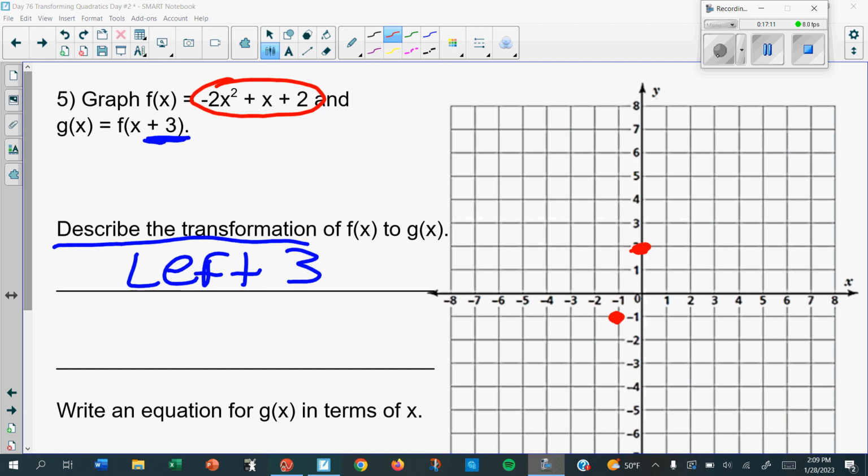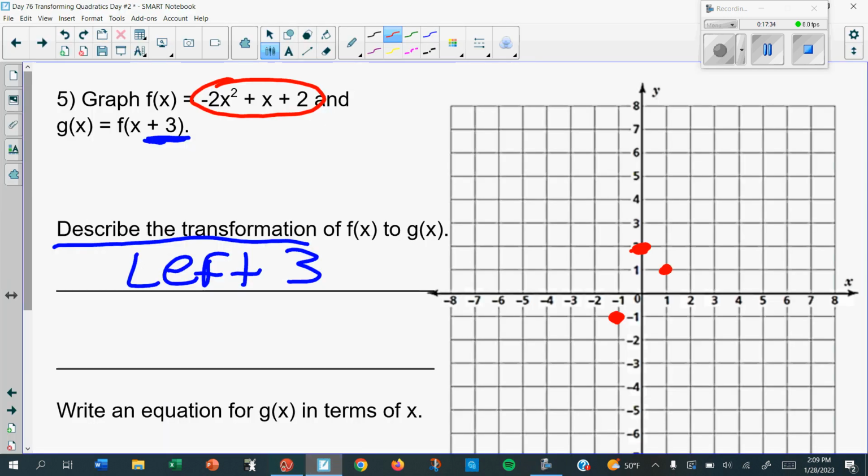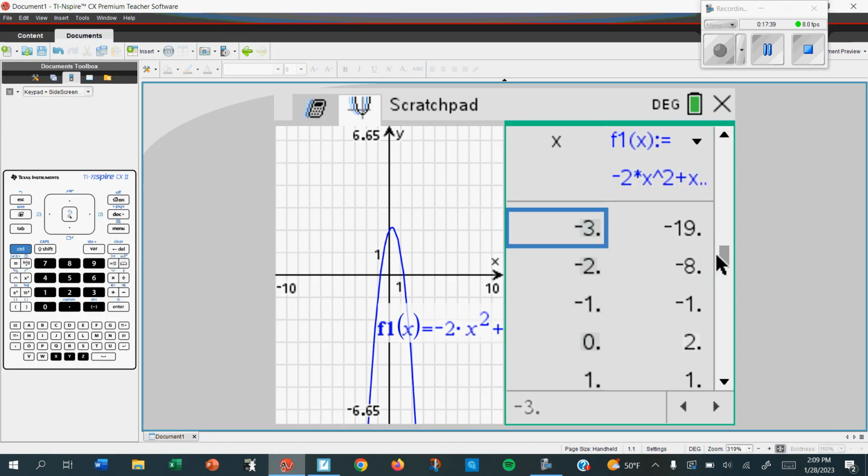All right, so I actually just paused the video because I wanted to see what the whole U looks like. And I forgot that this one is going to be a little weird when we graph it because the vertex is not a whole number. So we got to be a little bit careful with how we draw this U. So here we go. So it was at 0, 2, 1, 1. So if you notice, it's not seeming to line up correctly, but that's because it's going to be some decimals.